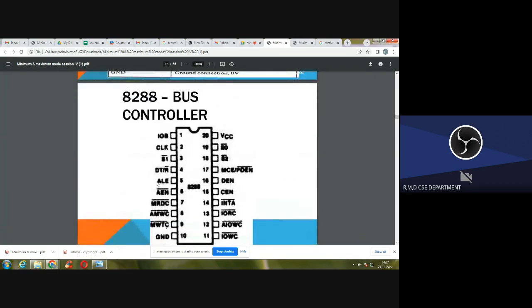So this is the 8288 bus controller. It has a 20 pin configuration.